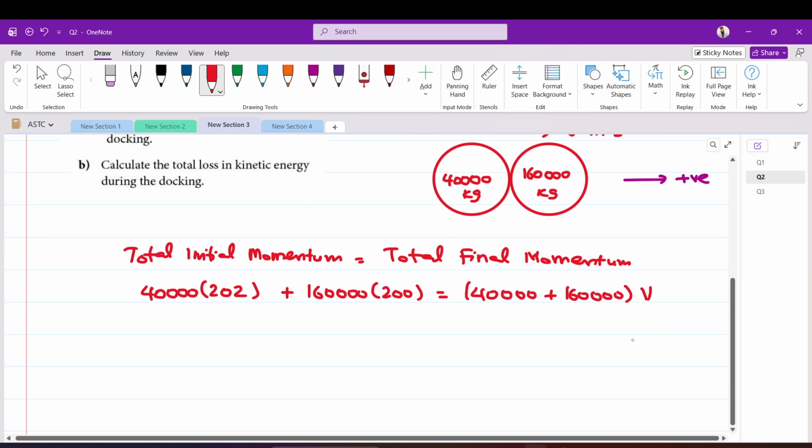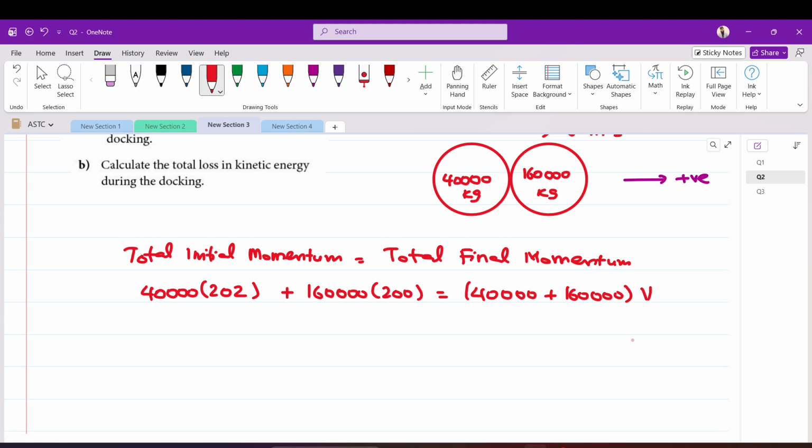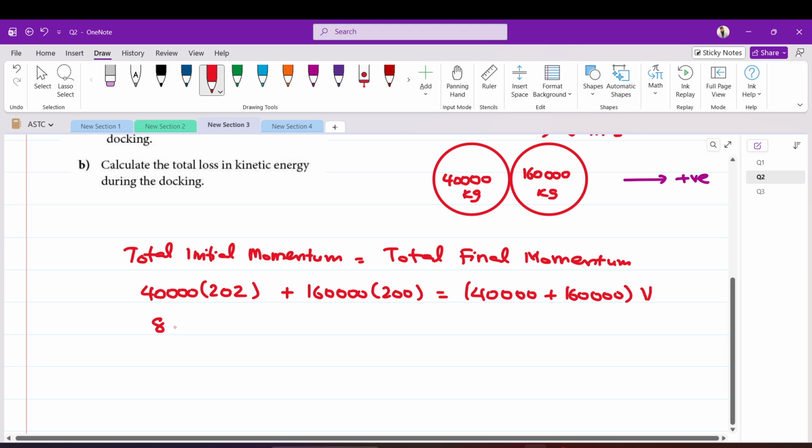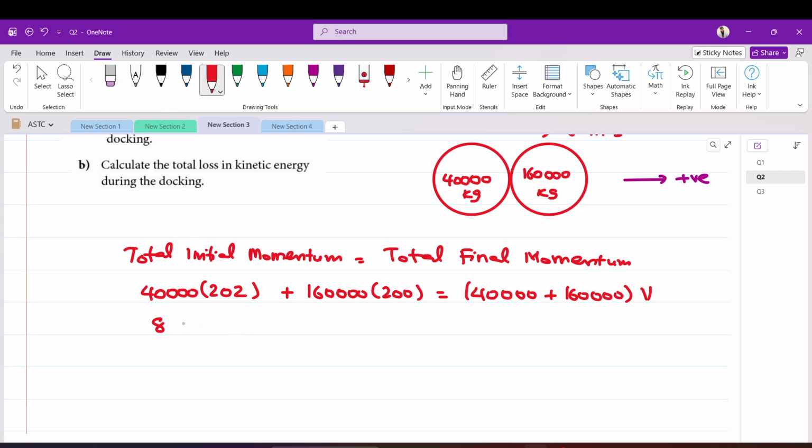Now let's simplify them. We have 40,000 times 202, which will be 8.08 times 10 to the power, or let me just write them as it is. If we want, we can write the final answer in standard form.